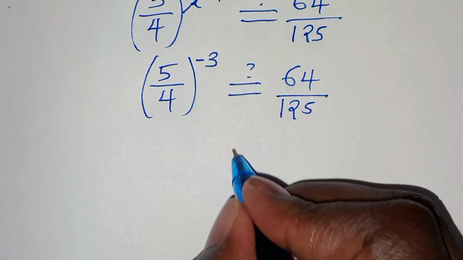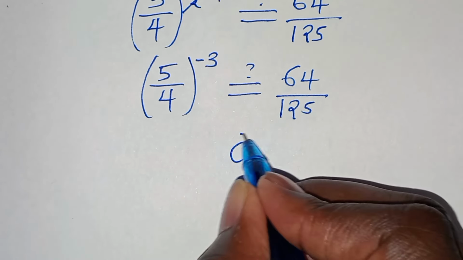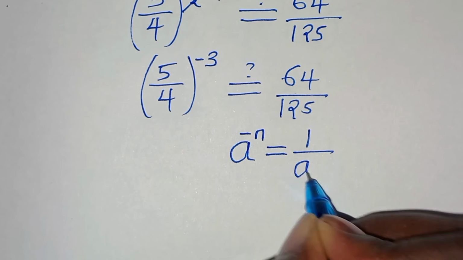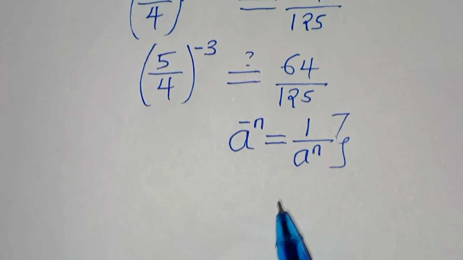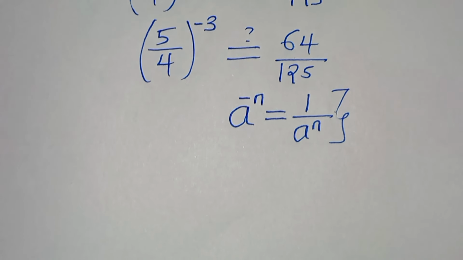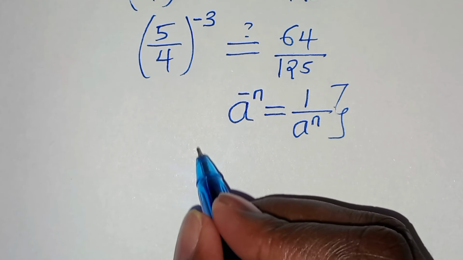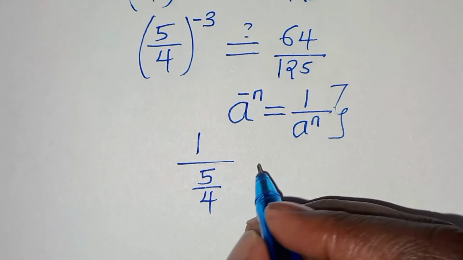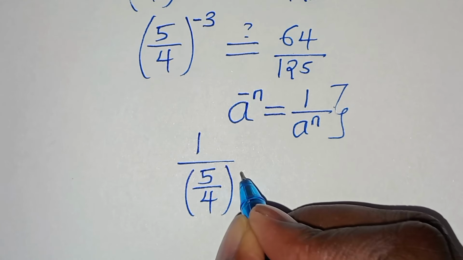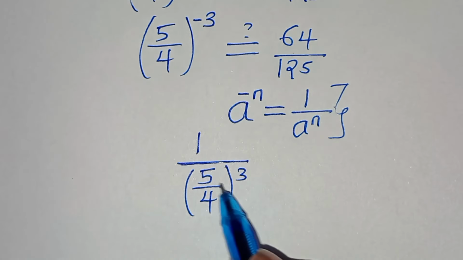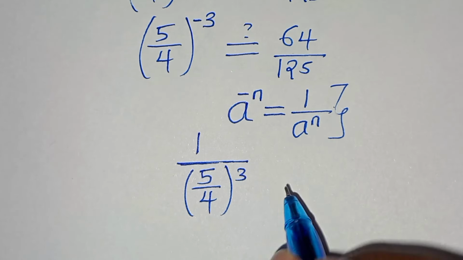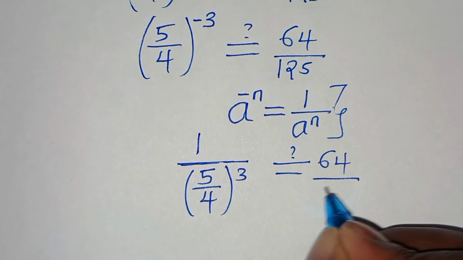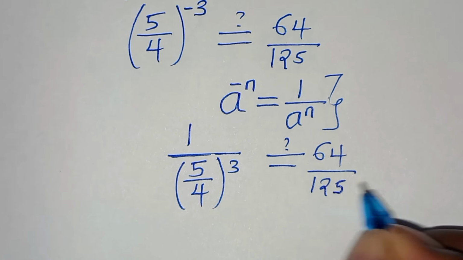Now, if we have a to the power of minus n, this can be expressed as 1 over a to the power of n. Let's apply this property. This means that we have 1 over 5 over 4 raised to the power of 3.